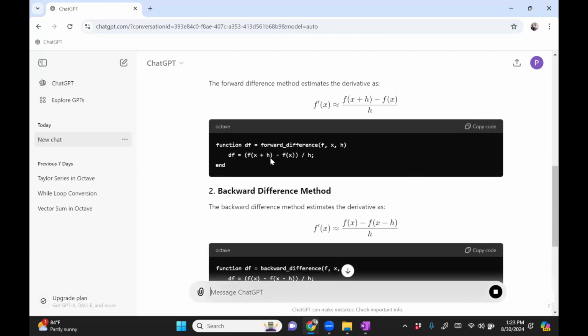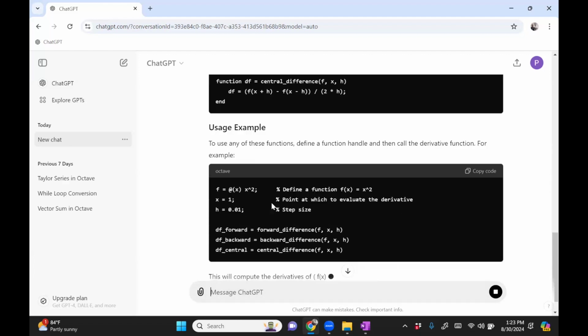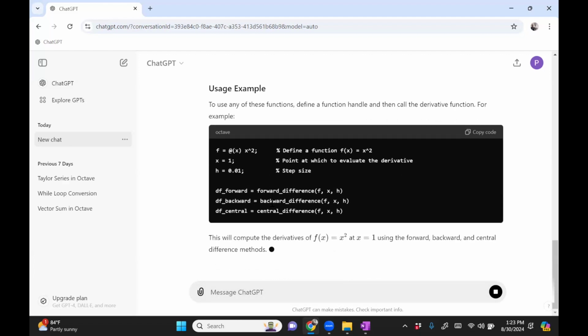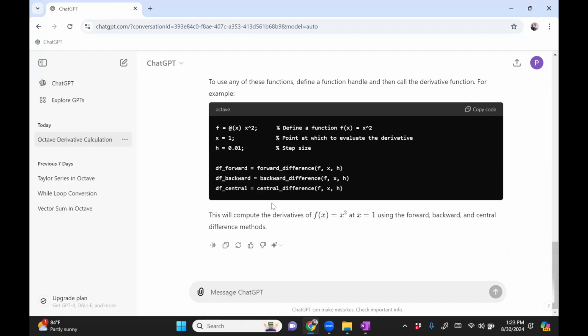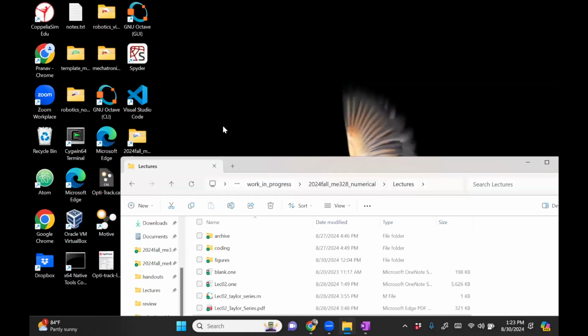The formula we wrote down. Here's the backward difference. Here's central difference. Here is the driver, which will call this code. What we'll do is take all this together and write the necessary code, put it all together so that it generates the answer we want. Move this. My Octave is sitting right here.